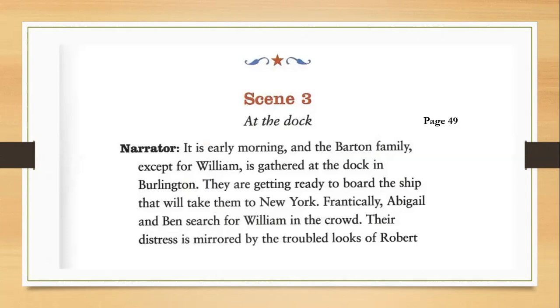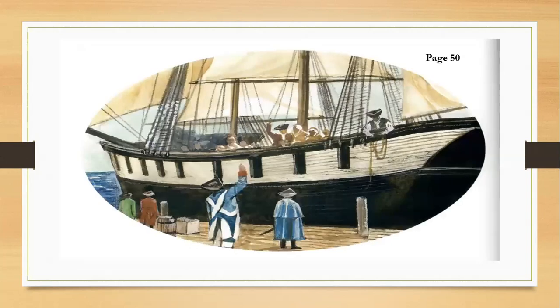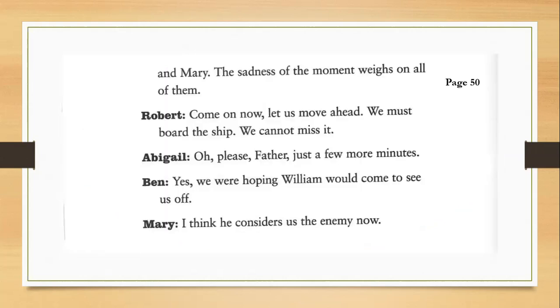Narrator: It is early morning and the Barton family, except for William, is gathered at the dock in Burlington. They are getting ready to board the ship that will take them to New York. Frantically, Abigail and Ben search for William in the crowd, and their distress is mirrored by the troubled looks of Robert and Mary.